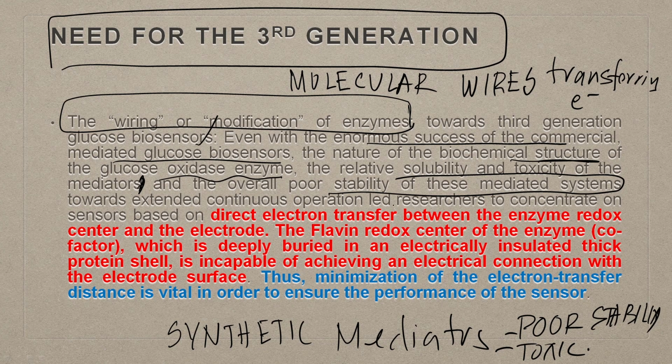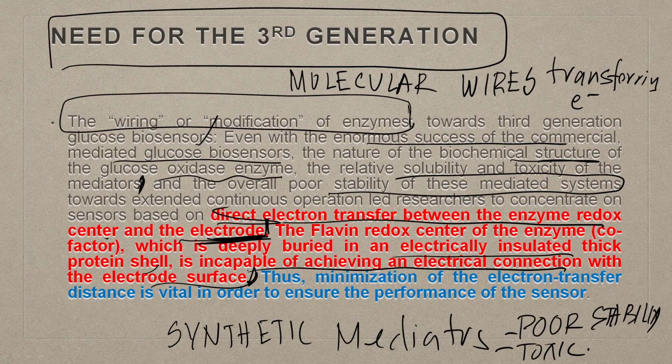towards extended continuous operation led the researchers to concentrate on sensors based on direct electron transfer between the enzyme redox center and the electrode. How could we make that direct? The flavin redox center of the enzyme cofactor, which is deeply buried in an electrically insulated thick protein shell, is incapable of achieving an electrical connection with the electrode surface. So, basically the problem is that direct electrical contact with the enzyme's reaction center is challenging.